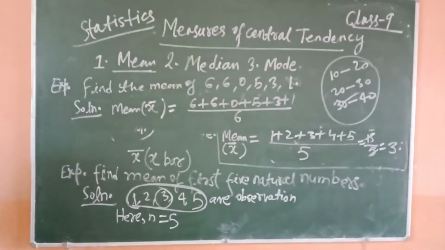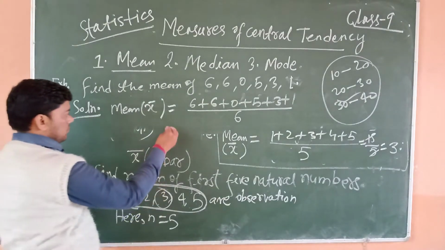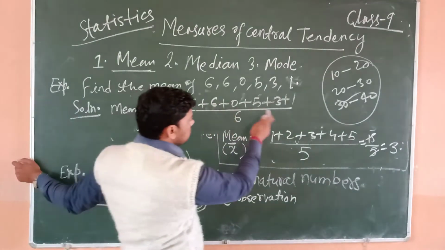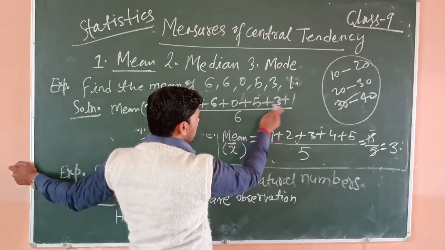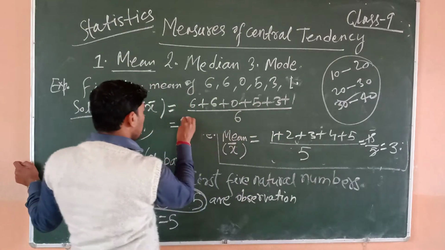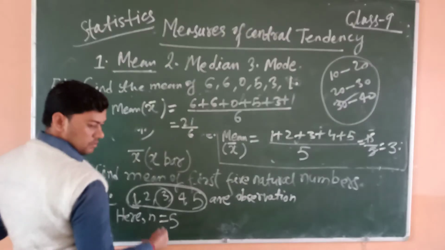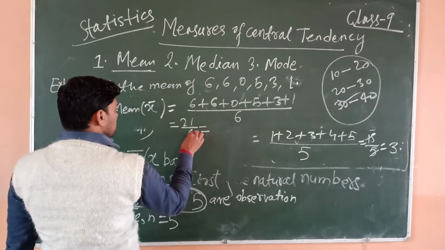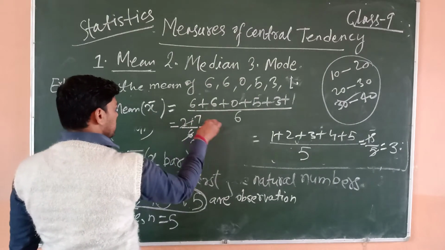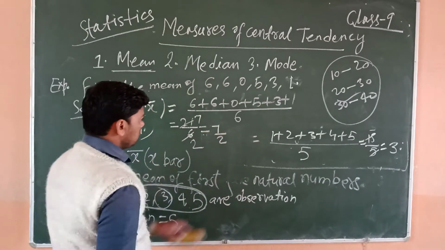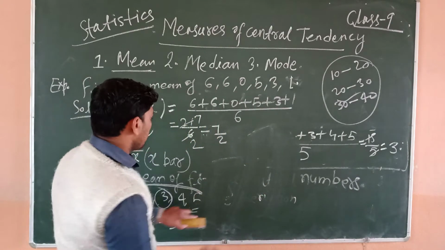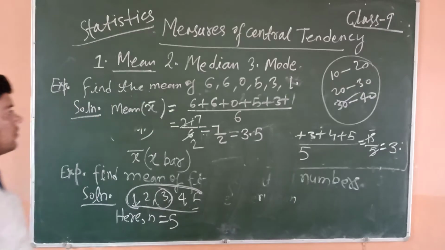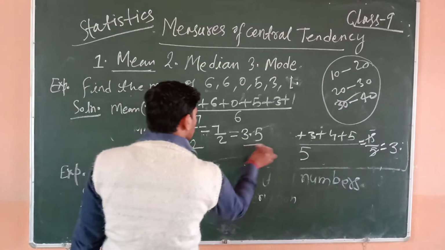Total number of observations is 6. 21 upon 6 is 7 upon 2, which is 3.5. 3.5 is the mean.